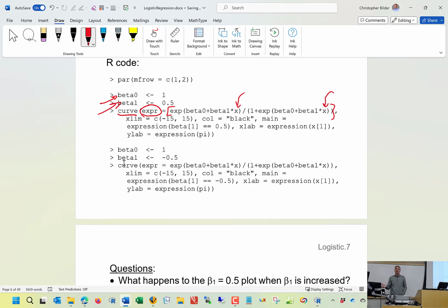So I can't put x1 there. It has to be just x. Then I do some fancier things to get the notation, the Greek letters and such, on there. You're welcome to take a look at how I did that. You're not responsible for that. But the expression function itself in R allows you to put fancy Greek or mathematical characters on a plot.